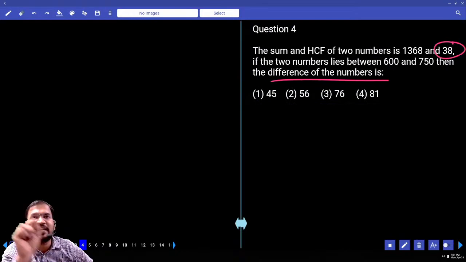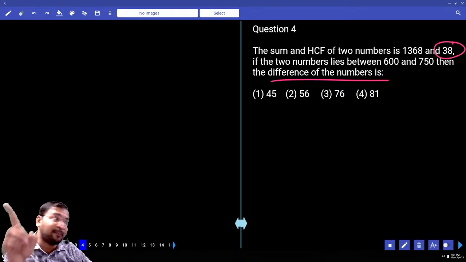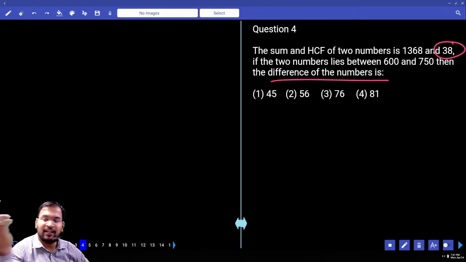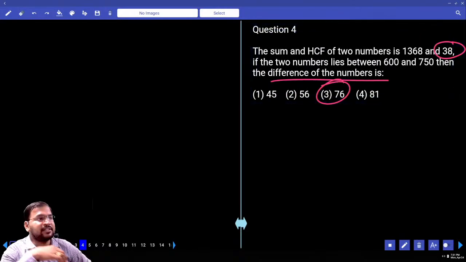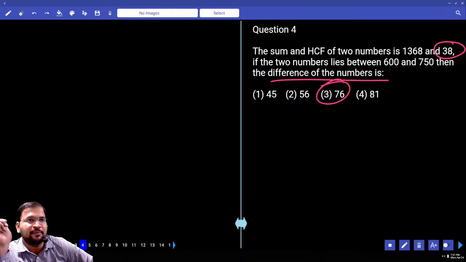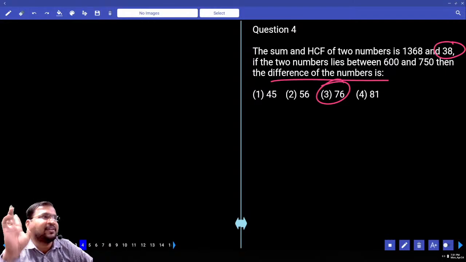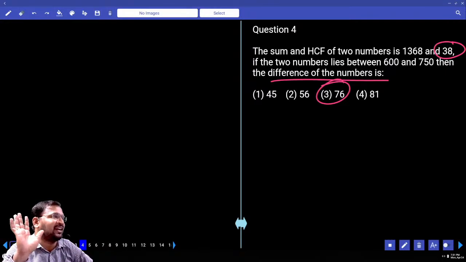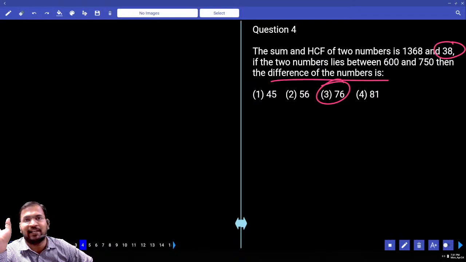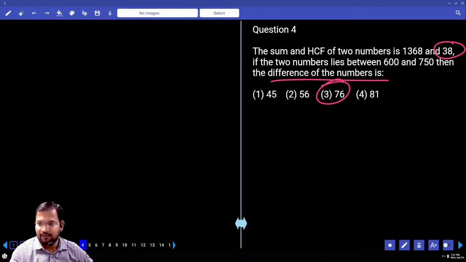If HCF is 38, the sum is also a multiple of 38, and each and every number is a multiple of 38. Then the difference is also a multiple of 38. Only one option, a multiple of 38.